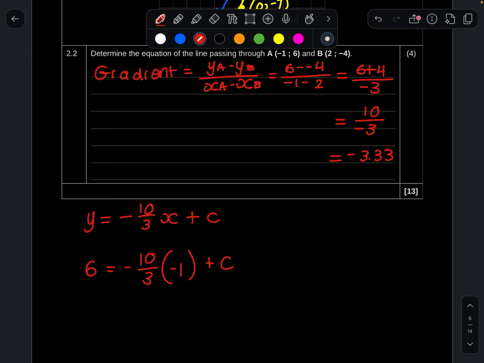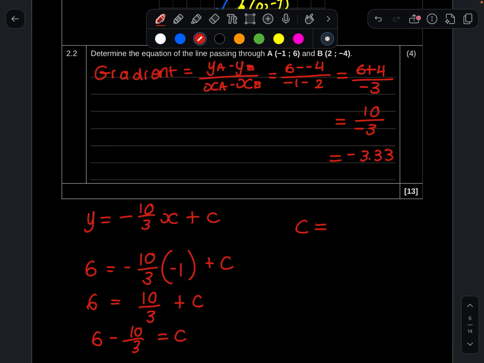So we're going to get 6 is equal to 10 over 3 plus c. I'm going to take that across because a minus and a minus makes positive. That's why this is positive now. If we take this across, it's going to be 6 minus 10 over 3 is equal to c.